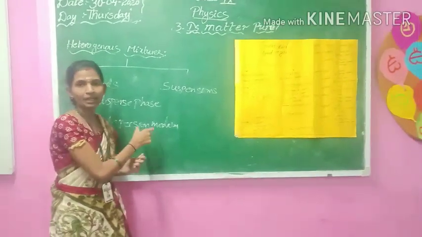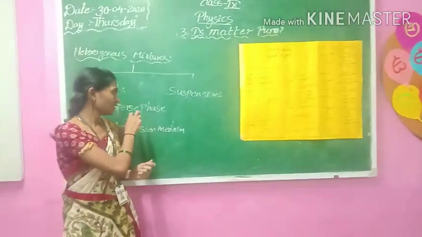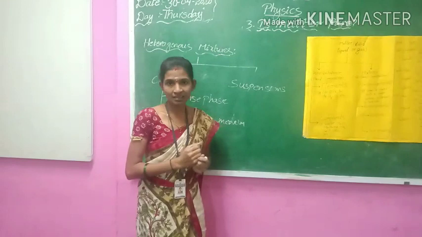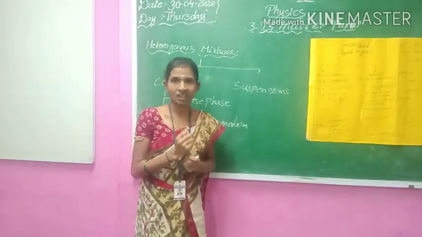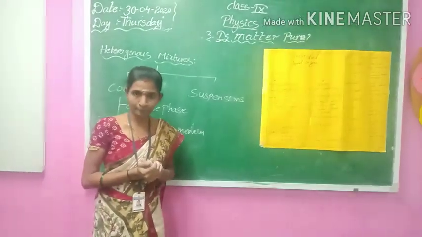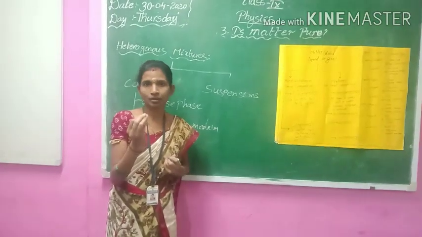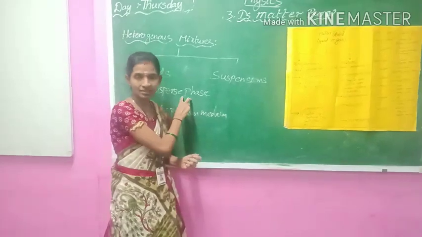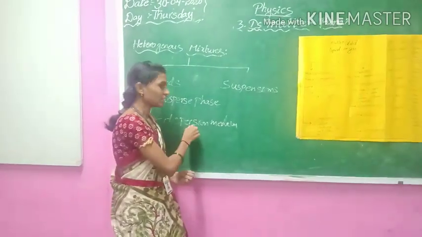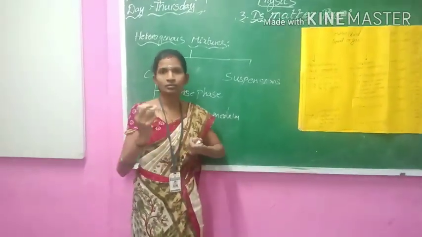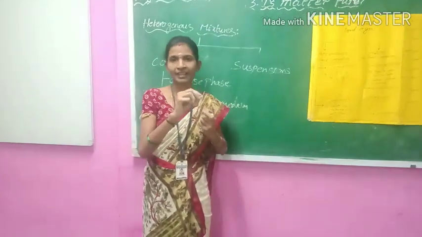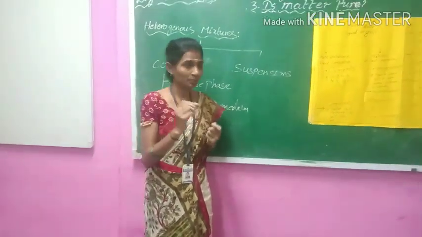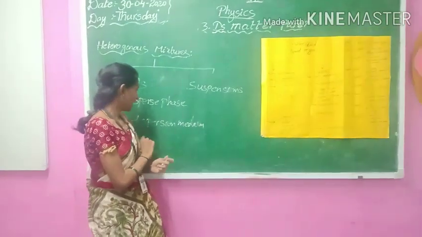The dispersion medium is what holds the disperse phase. If you take mud water, the mud particles, all the unwanted dust particles, are the disperse phase and water is the dispersion medium.